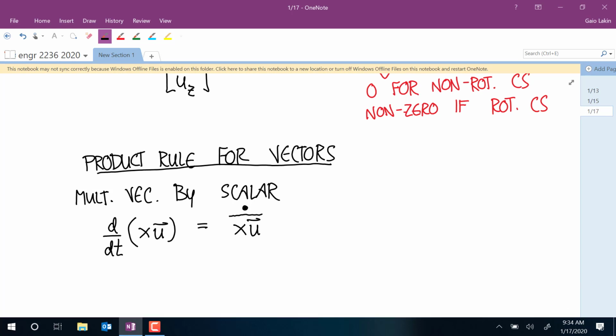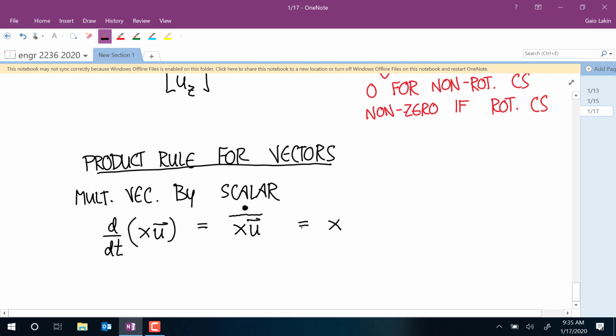Yes, a scalar function of t. If it's a constant, then, you know, derivatives are a linear operator, so you can just pull it out. Okay, so the product rule here, and for the most part it works the way you would expect.